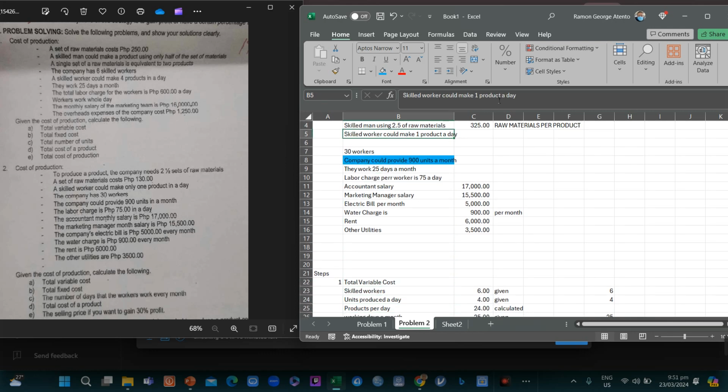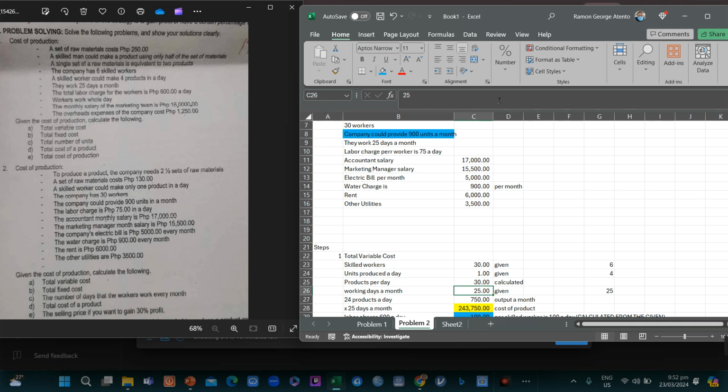So for the variable cost, skilled workers would be 30 in this case. So there are 30 workers. And then the units produced a day is 1. So that's 30 products per day. I don't know how they can come up with 900 per month. What does that mean? Let's analyze that later.